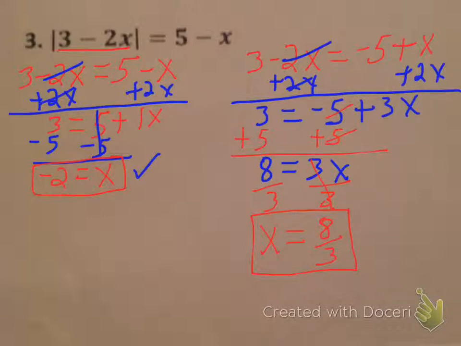So that's going to be 8 thirds times minus 2, which gives us a negative 16 over 3. Common denominator would be 9 over 3, so 9 over 3 minus 16 over 3 is going to give us a negative 7 over 3. Now substitute on the other side, and that's going to give us 15 over 3 minus 8 over 3, which is also 7 over 3. So the 8 thirds is also a good solution when I check them.